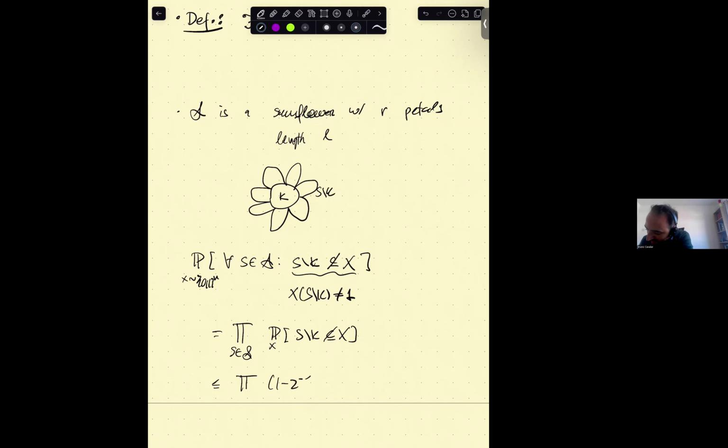Because 2 to the minus L is the probability that it is contained in X, so this is the inverse.